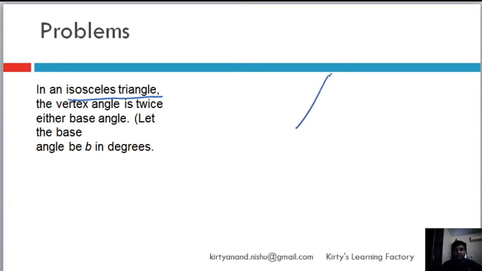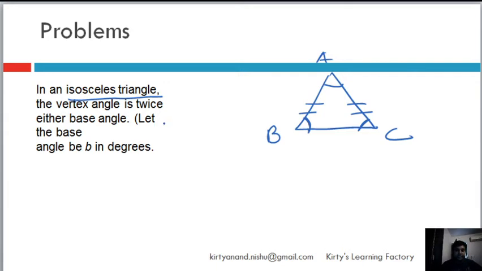An isosceles triangle is a triangle in which two sides are equal and also two angles are equal. So if this is a triangle ABC isosceles and side AB is equal to AC, then angle B is equal to angle C. That is the definition of an isosceles triangle. Okay? And angle A is the vertex angle.